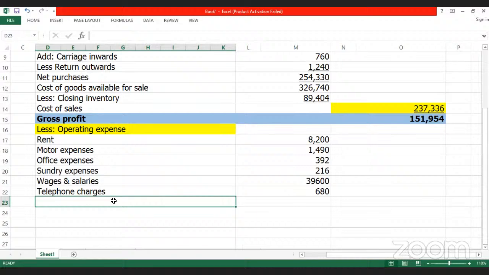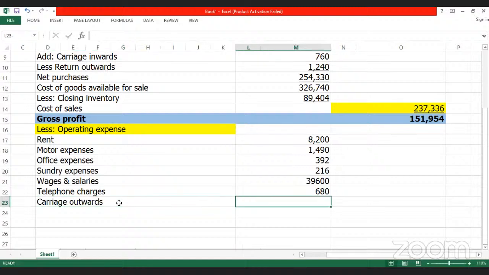The carriage outwards. How much are the carriage outwards? 2,850. Okay. What else do we have?